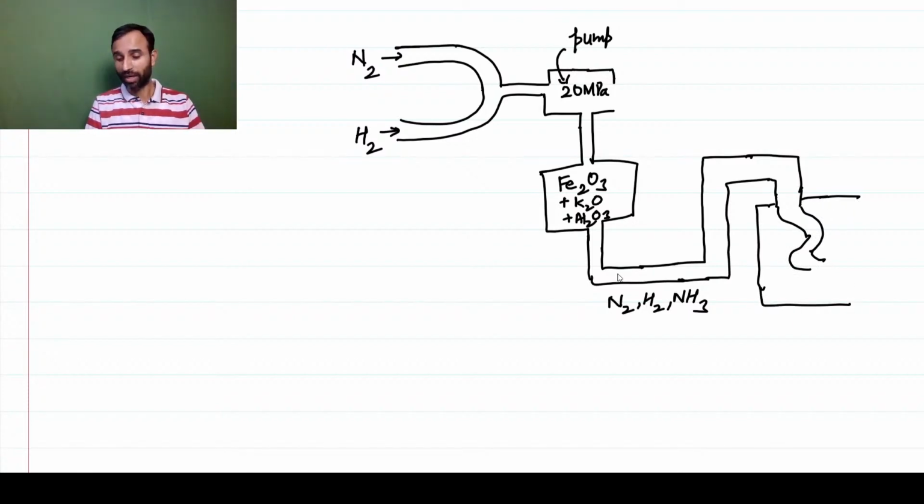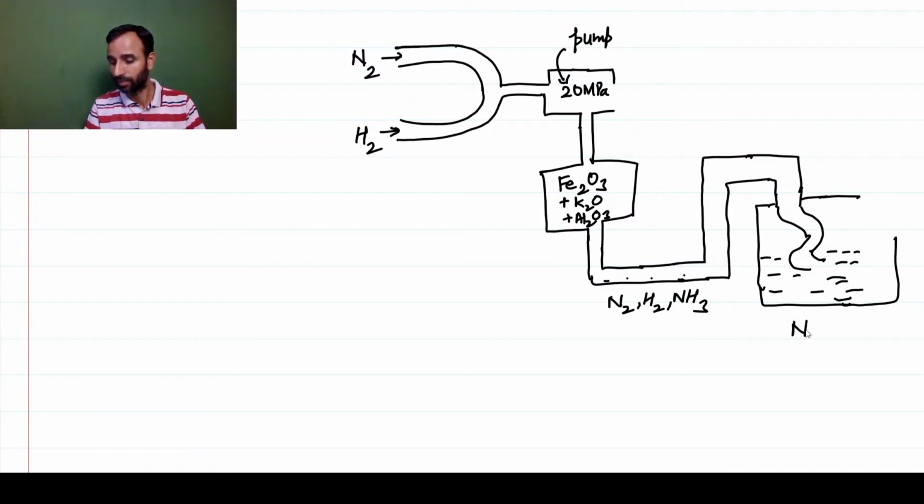Now at high pressure, that gas is released, and therefore from high pressure it becomes low pressure, and therefore here ammonia is liquefied. There is liquid ammonia.